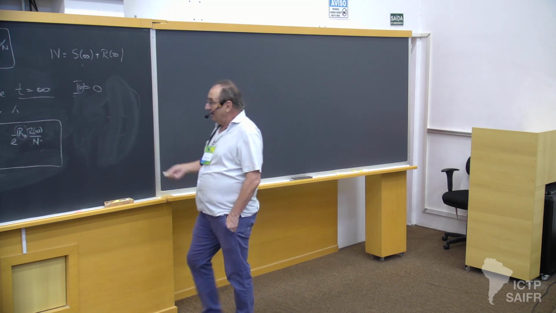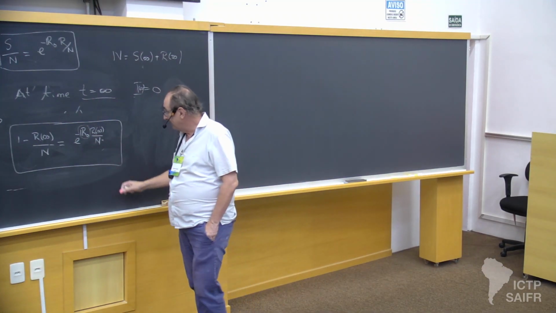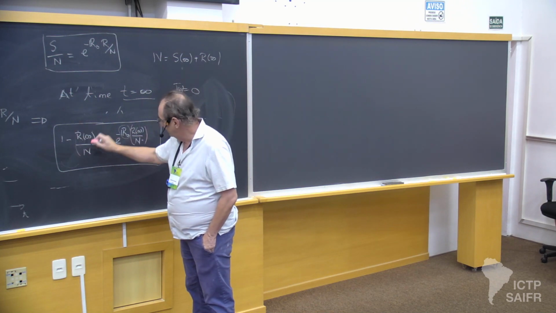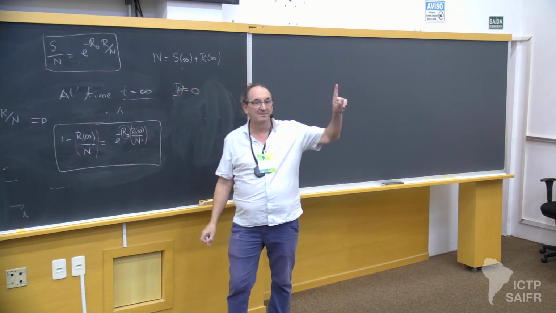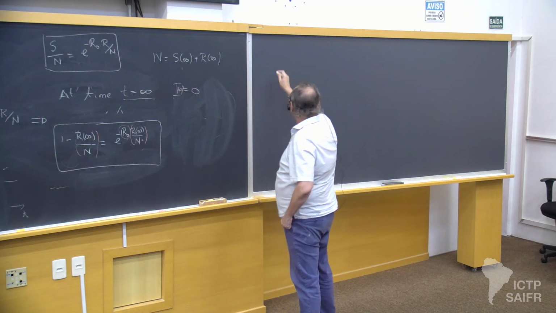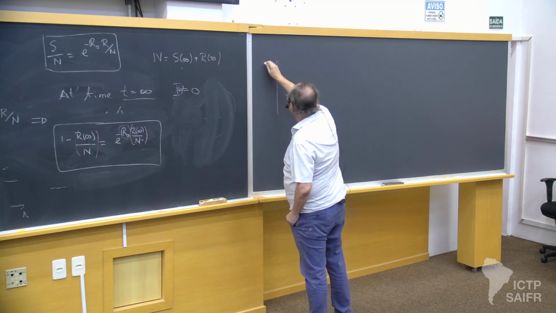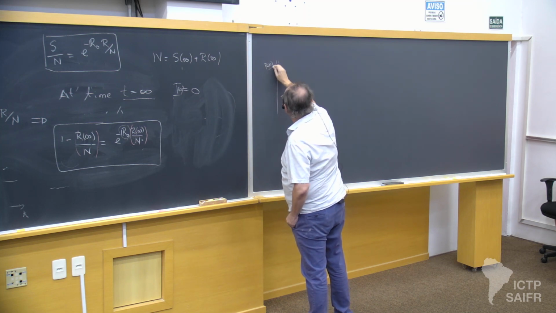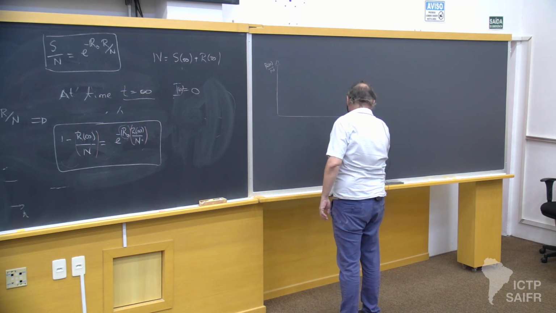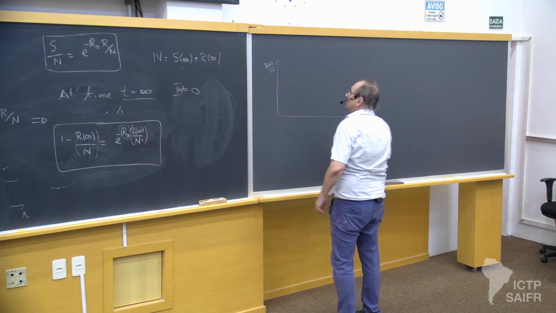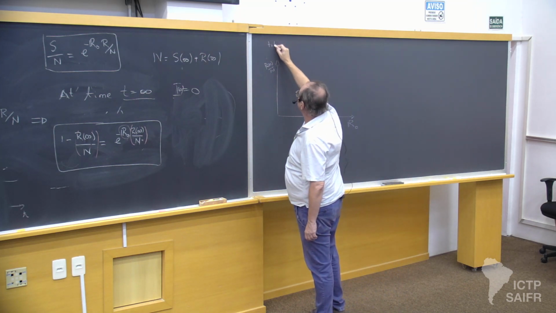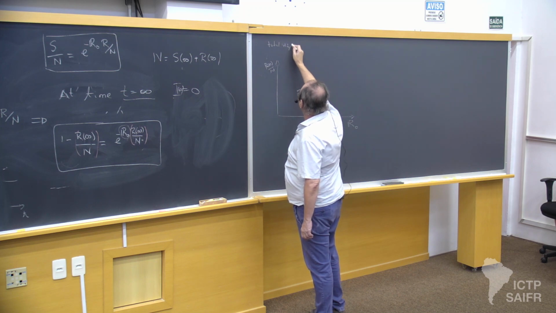What is interesting here is that this equation for R infinity over n has only one parameter, which is R0. So I can do the following plot: R infinity over n versus R0, the total size of the epidemic.